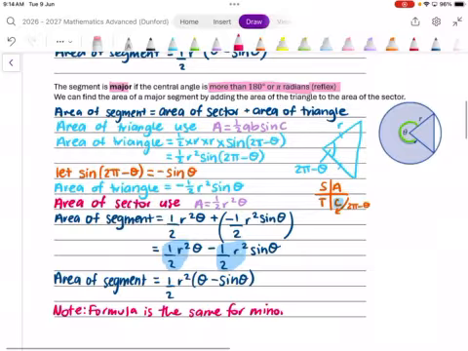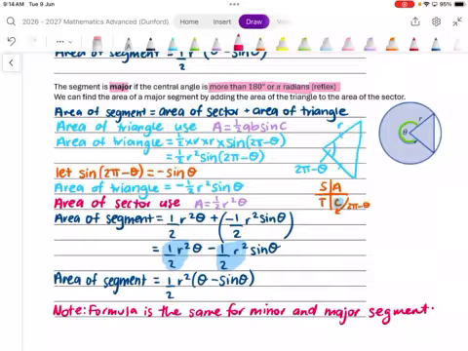Okay, just how we get to that formula for area of our segment is just a little bit different depending what size segment we have. Okay, turn the page when you are ready, and we're going to have a go at some questions.